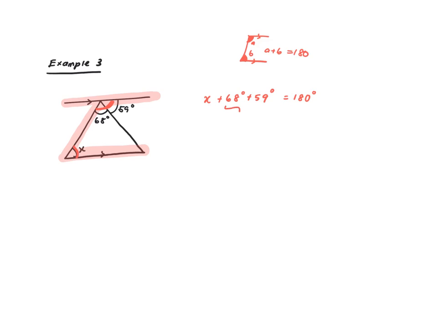Let's find out what 68 plus 59 is first. So x plus 127 degrees is equivalent to 180 degrees. So what is x? x would be 180 minus 127. So that would be 53 degrees.